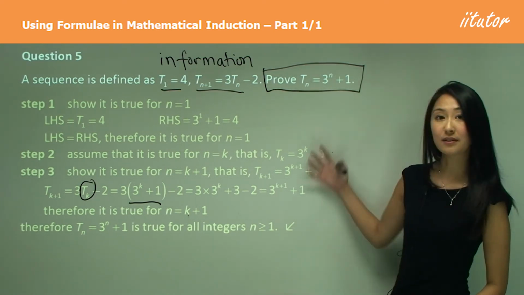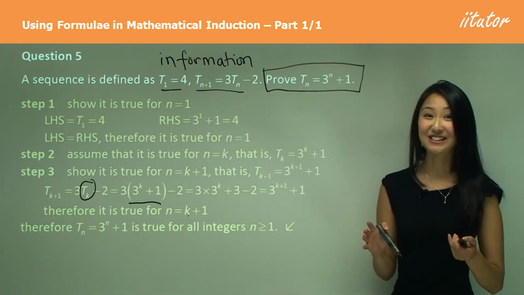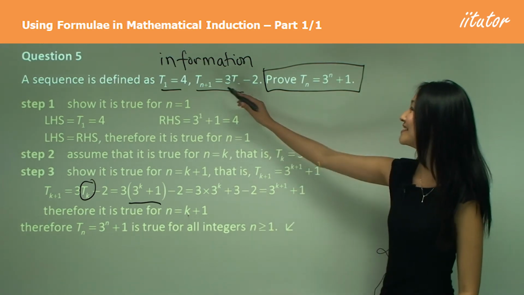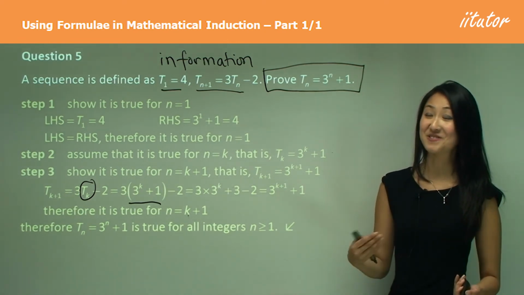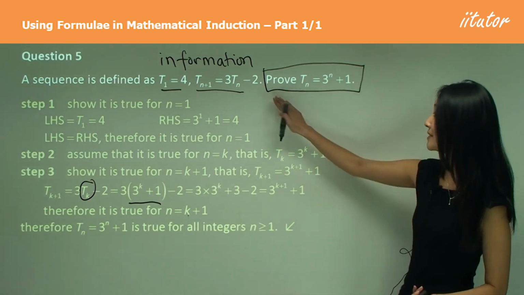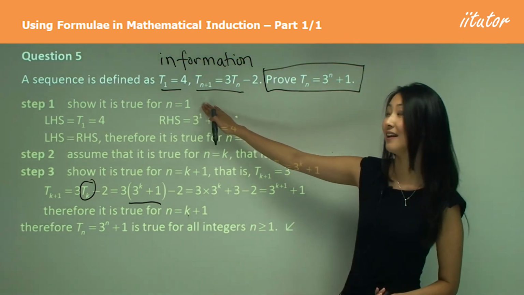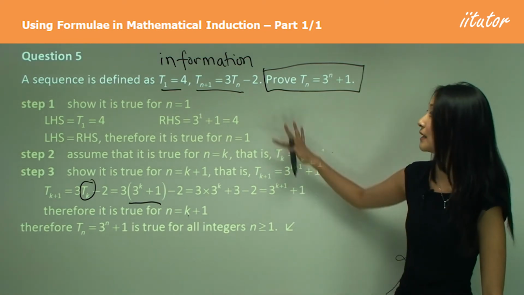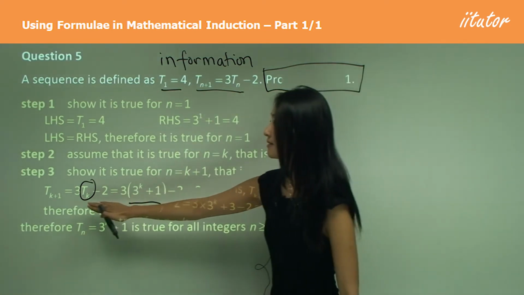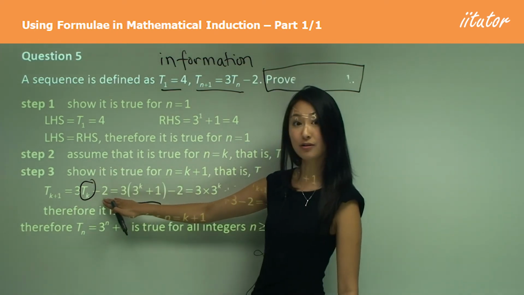Okay, so let's go through this again because it tends to confuse some students. So the first thing I want to say to you is don't be scared. If you see this and it looks unfamiliar, well, at least it looks familiar now and you'll know what to do. So remember, we're just proving this equation and this is information. And now, with step 3, what we're doing is using this information here to say that t(k+1) equals 3tk minus 2.